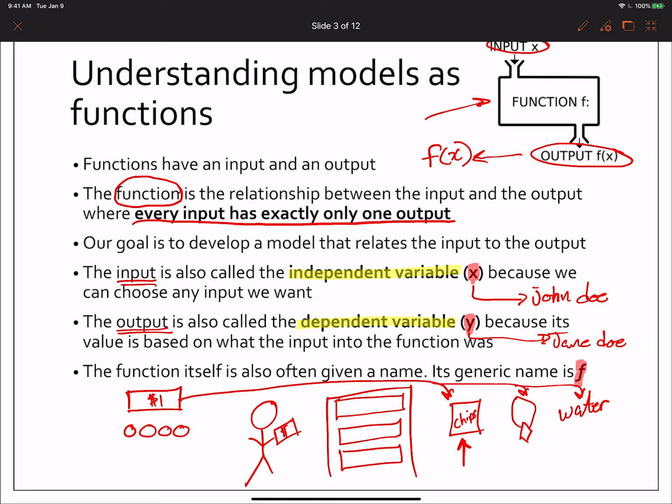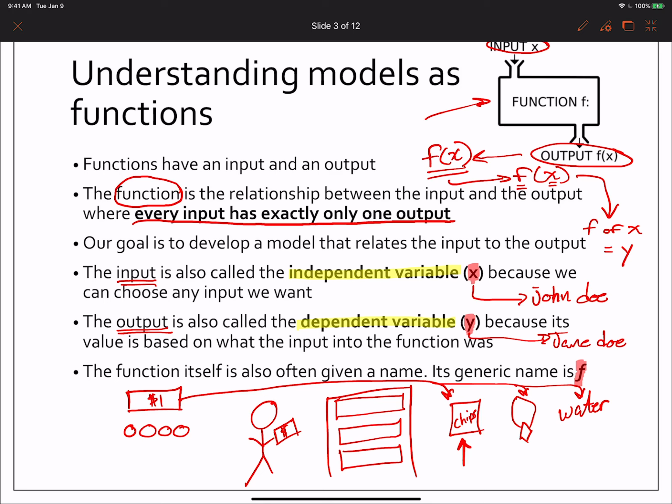You can go back and review the slides where we talked about this F of X. I believe that was week 1 or week 2. Basically, F of X tells us that we have a function, our input into the function is X, and the name of the function is F. And we'll usually say equals Y. So if we take X, put it into the function F, we get out Y.